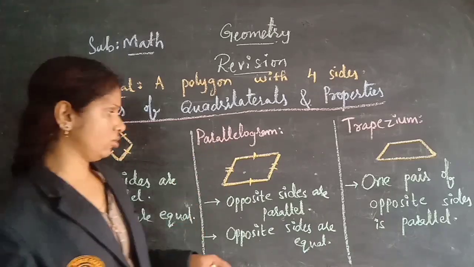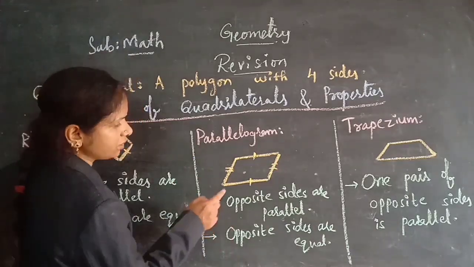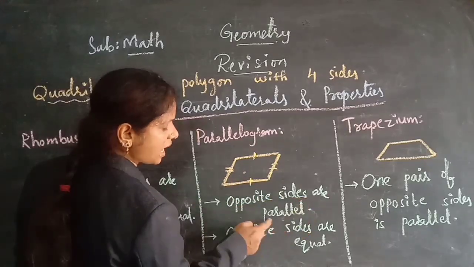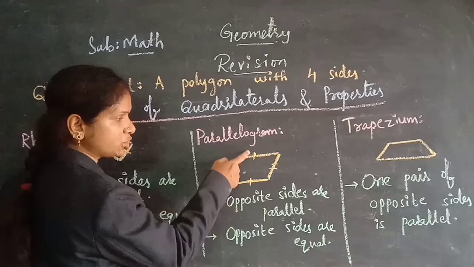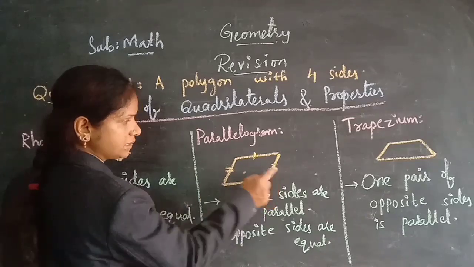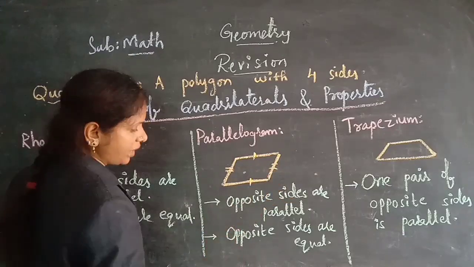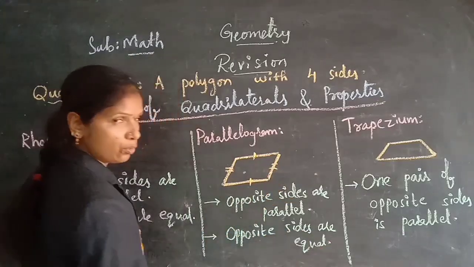And coming to the parallelogram. Here you can see the shape of the parallelogram. Opposite sides are parallel. See, these two should be parallel and these two should be parallel, and opposite sides are equal.